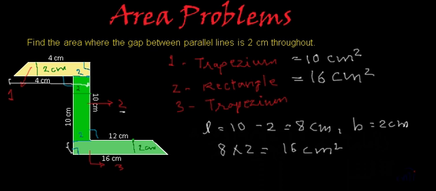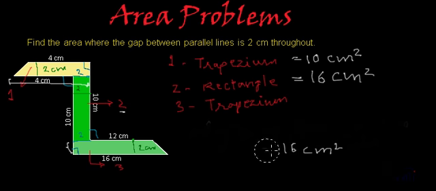And what about the last figure? Figure number 3 is also a trapezium, right? So now let's calculate the area of the trapezium. Area of the trapezium is 1 by 2, sum of the length of parallel lines. So the top one has actually got increased by this 2 centimeters over here. So that will be 12 plus 2, 14.